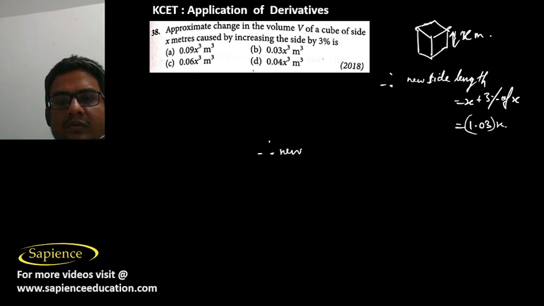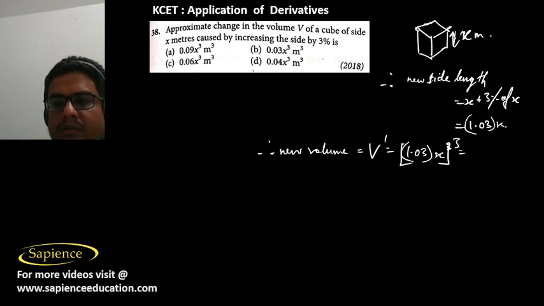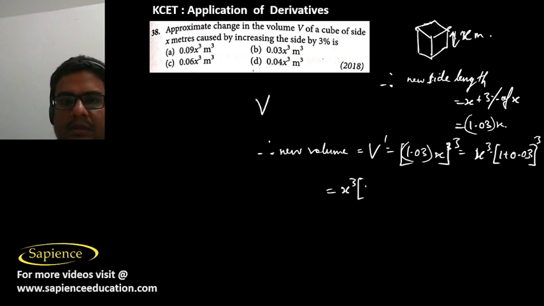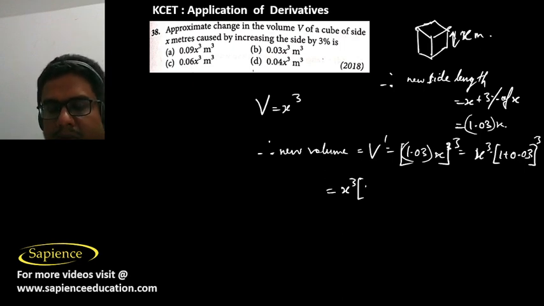Therefore, the new volume V dash is (1.03x) whole cube, that is x cube into (1 + 0.03) cube, and the initial volume will be x cube.